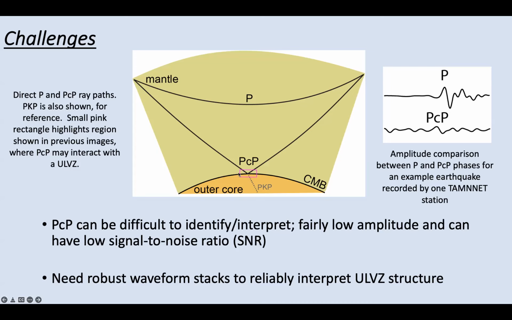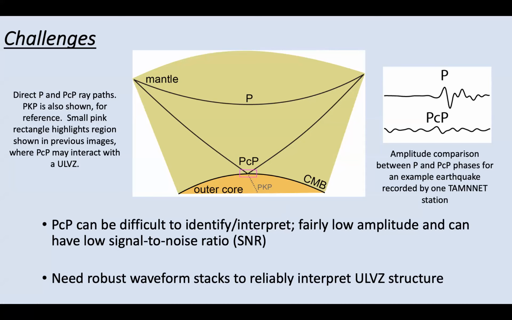This little pink box is meant to highlight the region I showed you in the previous slide, where again you might have interaction with a ULVZ. And you'll notice there's a gray line here labeled PKP, and I'll come back to that in just a second. So identifying PcP phases and using them to do interpretation and modeling can be challenging.